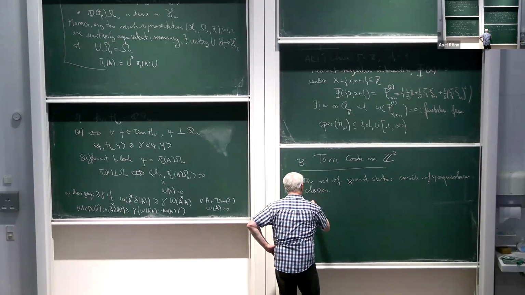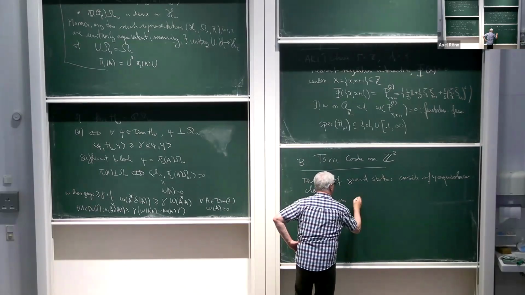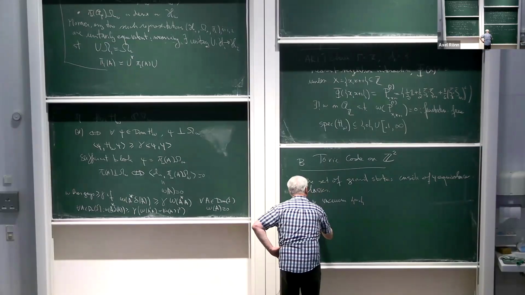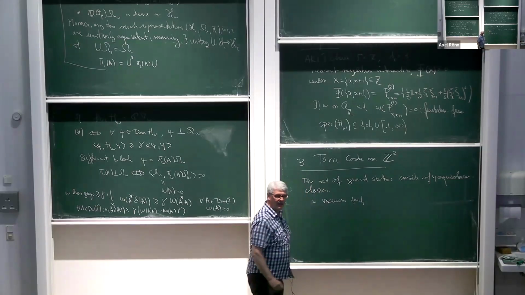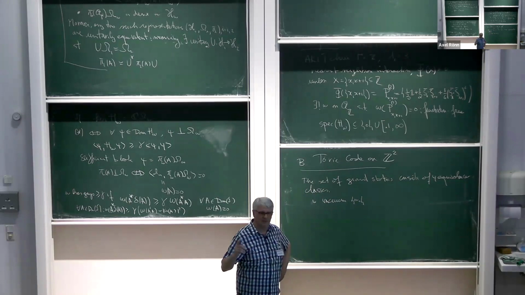So it's 1 in the vacuum, where you make all the spins point up, and there's only 1 element in it. That's the unique frustration-free ground state, with 0 expectation for all the terms in the Hamiltonian.